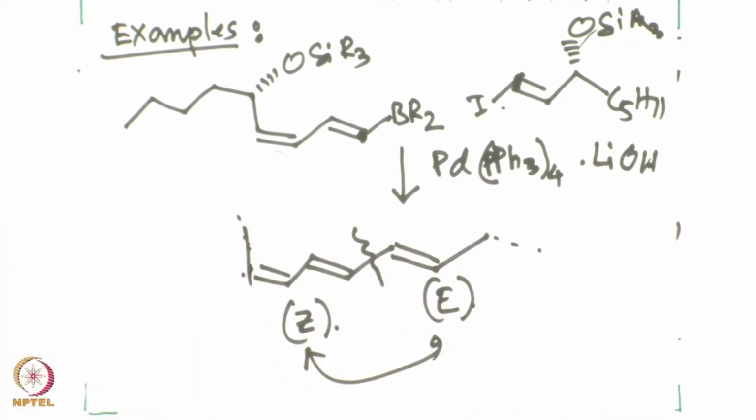What you see in this particular product, what is most important for these two starting materials, is that they have a particular geometry both on the halide and the boronic acid reagent. But irrespective of the geometry, you see in the product formation both geometries are retained. As they are in the starting material, you get the same thing in the product.